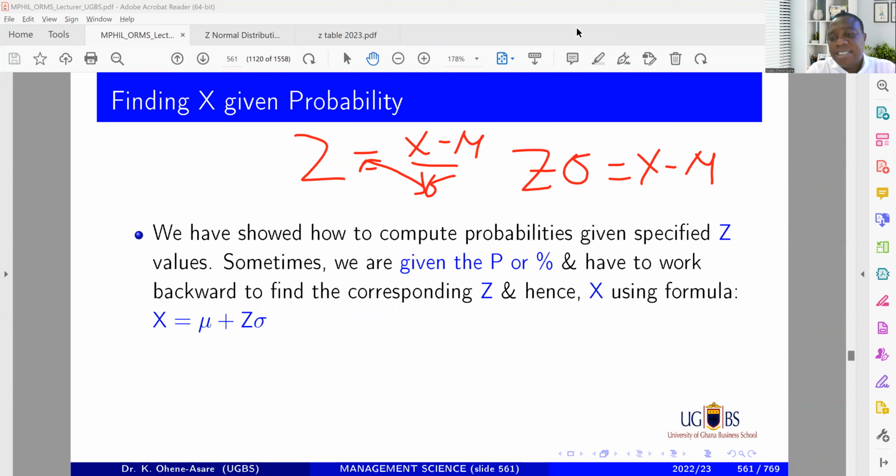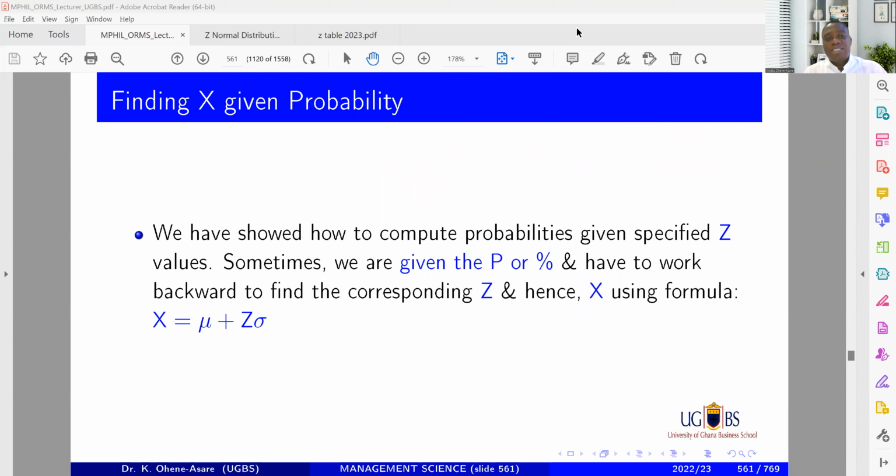And if you want X, you just move the mu to the left-hand side. So you have Z sigma plus mu equal to X. And that's how you find X. So all you've got to do is find the Z and you will know X. As for the mean and the standard deviation, they're always given to you. Keep that in mind as we go through this simple example.